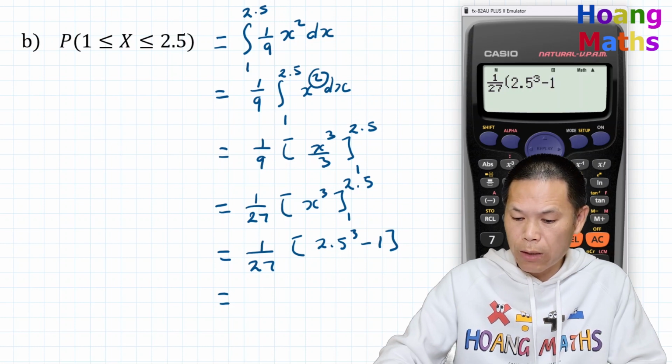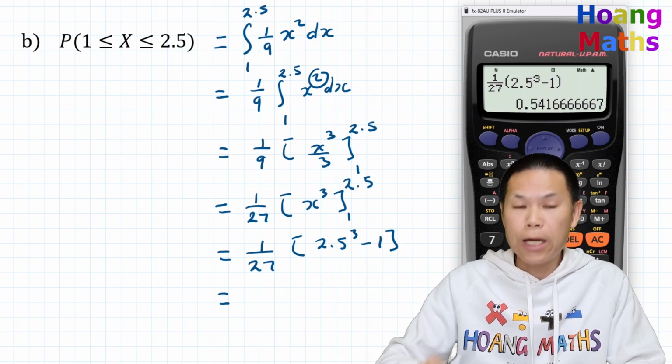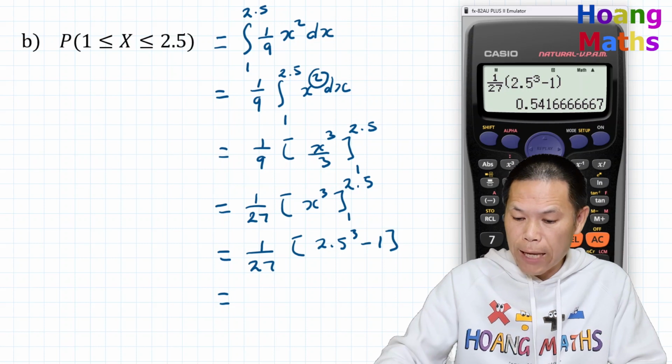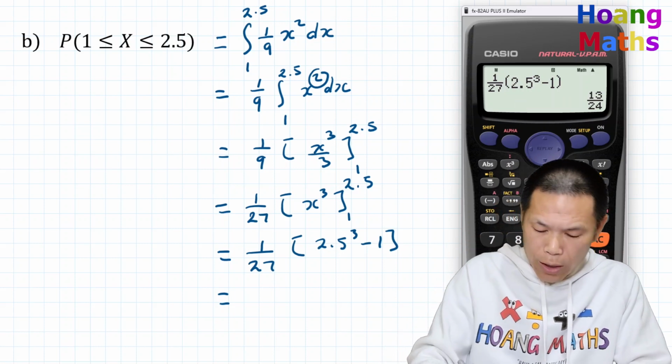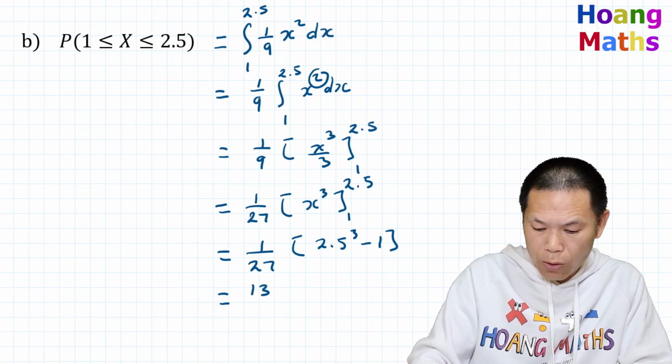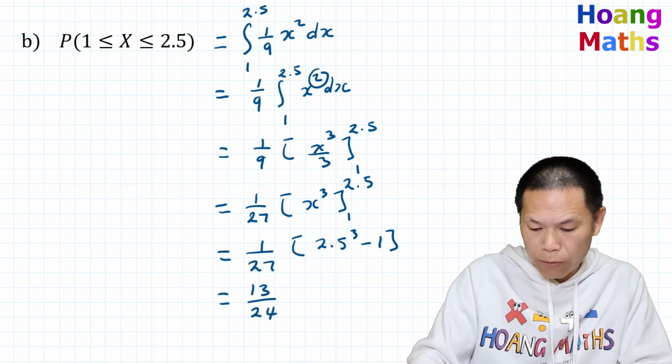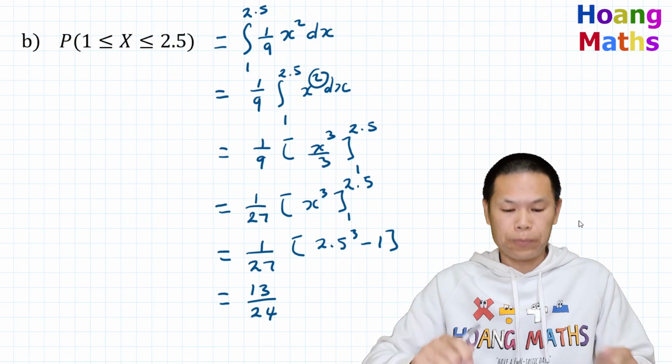Close the brackets, equals. There you go. I just press the S to D button: 13 over 24. So 13 over 24.